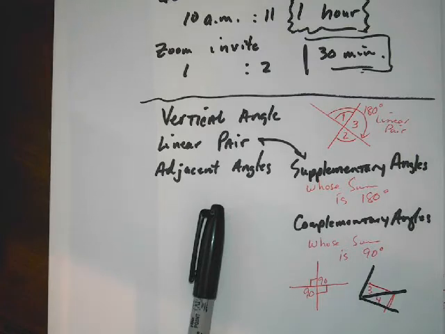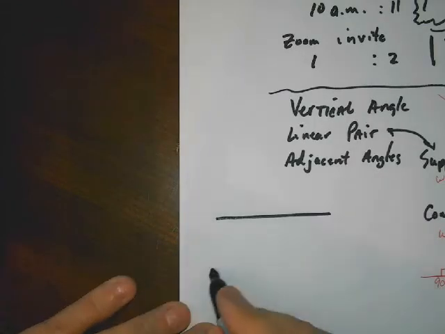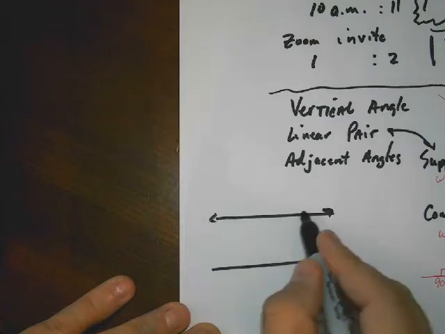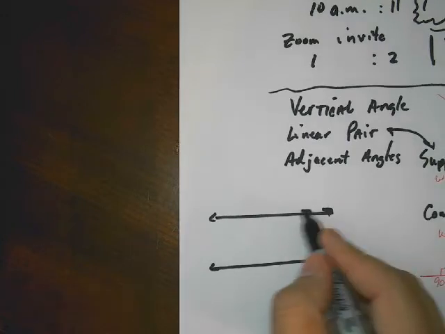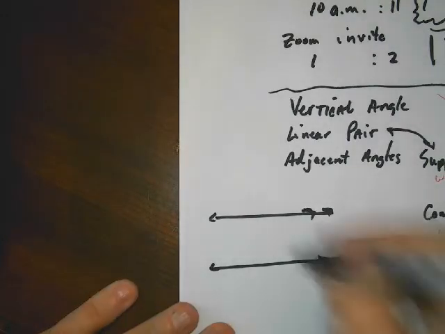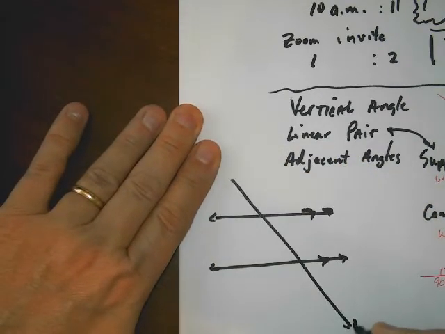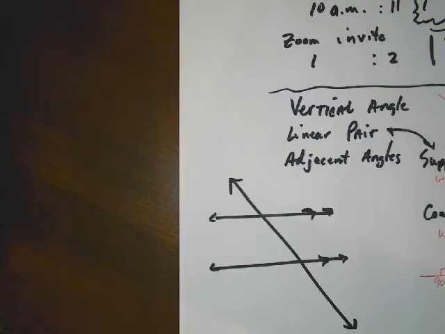Okay, so you need to know, if we have 2 lines, and those lines happen to be parallel, and they are cut by a transversal, 8 different angles are created.